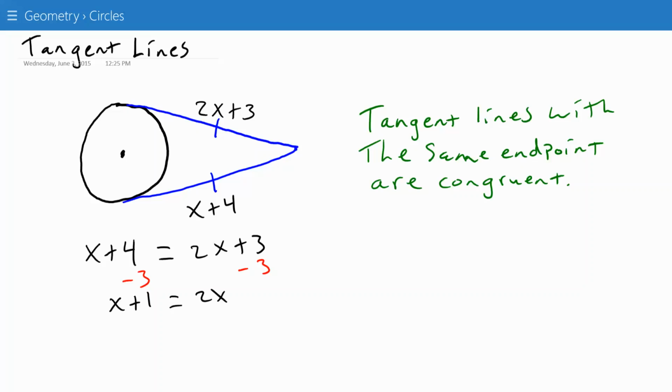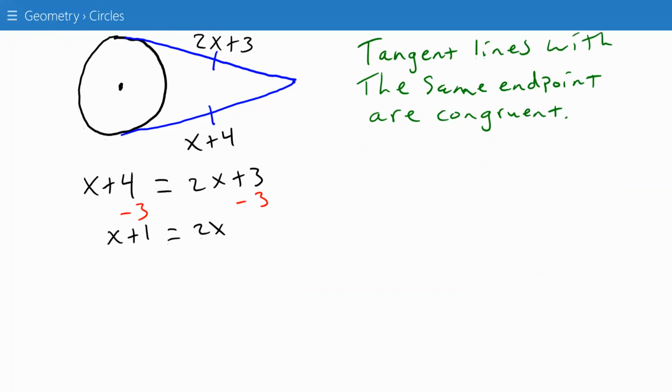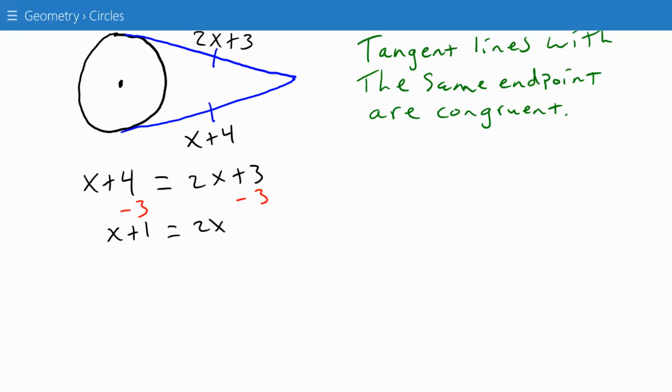And we're going to scroll up just a little bit. We can still see everything there that's important. Okay, next step, let's subtract an x from both sides. So we have 1 is equal to x, or you could say x equals 1.